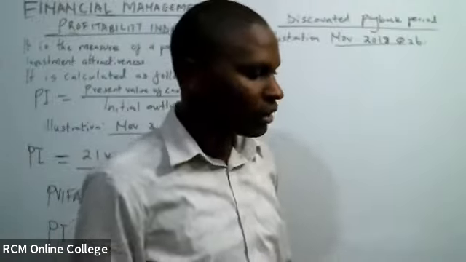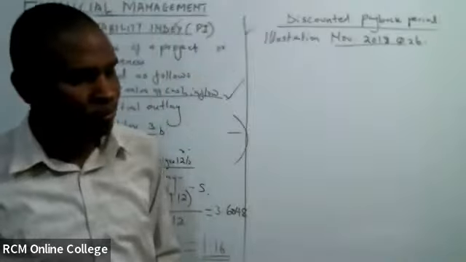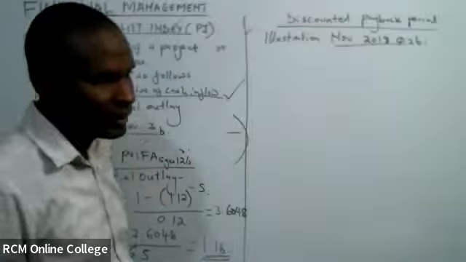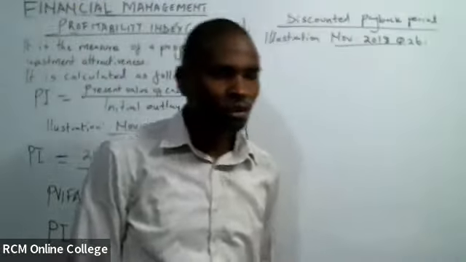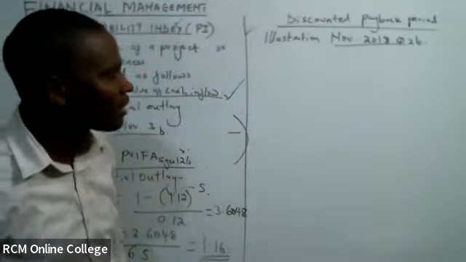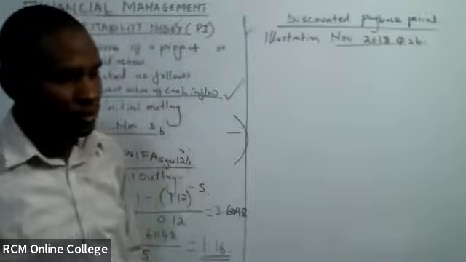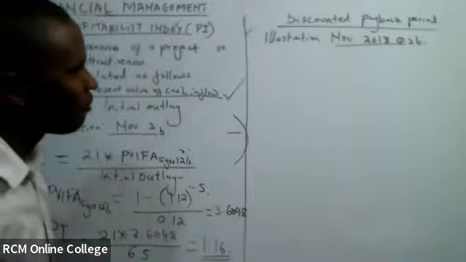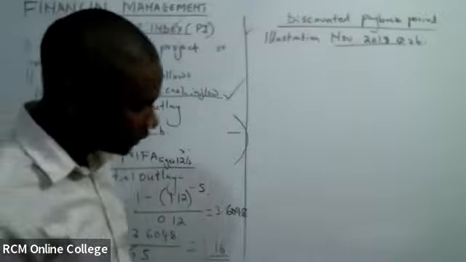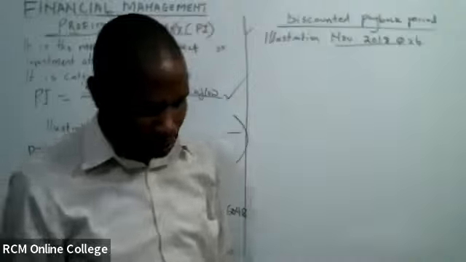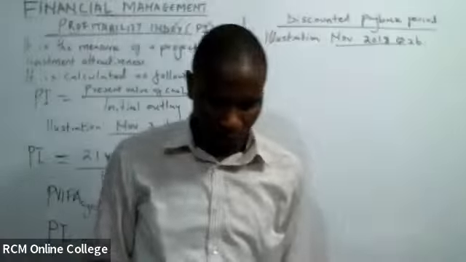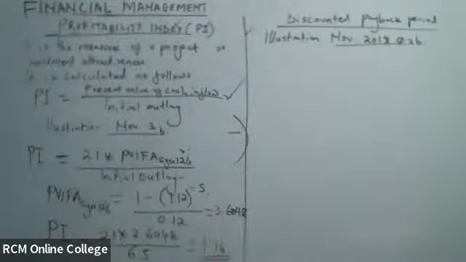I say, discounted payback period gives the number of years it takes to recover the initial investment by discounting the future cash flow and recognizing the time value of money. I hope you are done. Let's look at November 2018, question number, is it 2B or 3B? 2B. Good. 2B.